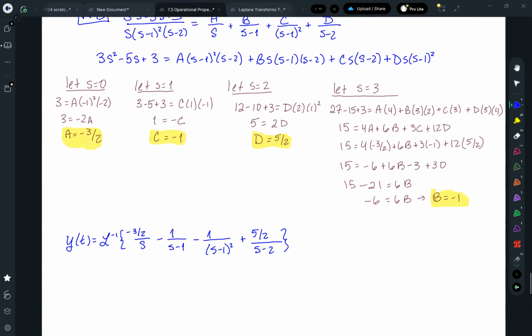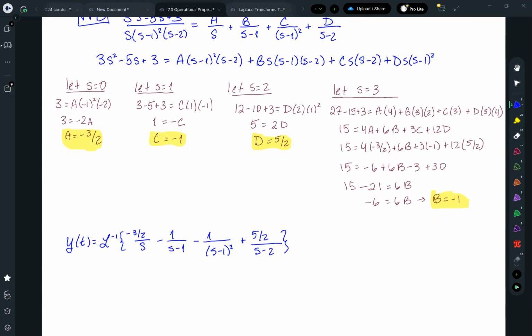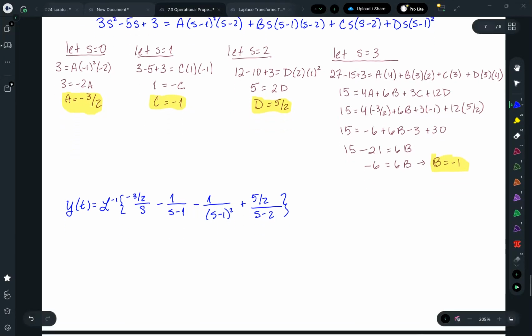And so now when we go to take our Laplace inverse, one thing that we really want to take note of is where there's a shift, right? So we've got this shift where we have this s minus 1 all squared. That one is the one we have to worry about.